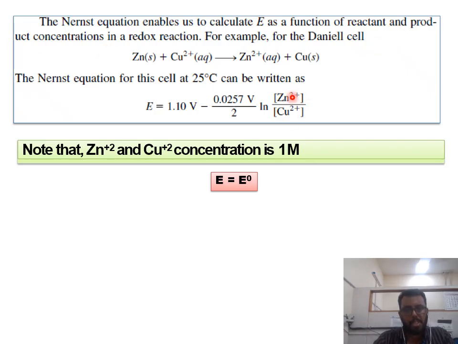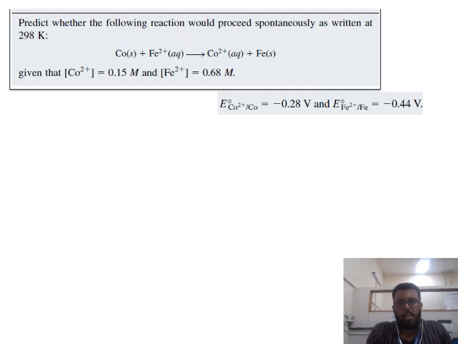If you know this concentration is 1, then ln 1 becomes 0, the entire term will be 0. Then the cell potential will be equal to the standard electrode potential. Like that you can calculate. If you know the concentration, you can calculate the electrode potential, the EMF or the standard potential, and spontaneity also you can determine accordingly.